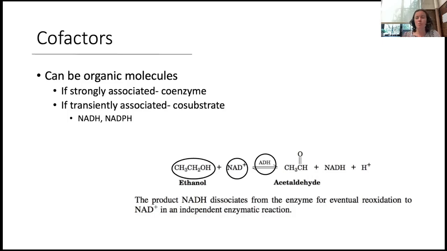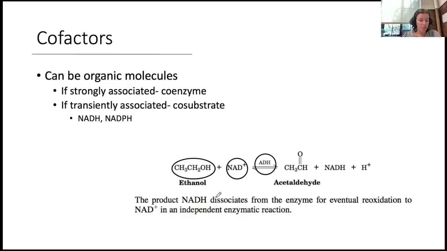If this cofactor comes and goes, right, it comes in for the reaction and then leaves, a lot of times we'll just call it a co-substrate because it's almost behaving as a substrate. Two examples of this are NADH and NADPH that we'll talk about more when we get to metabolism.